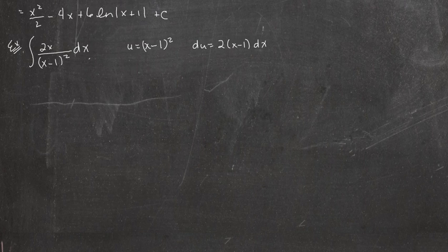Okay, these don't overlap well enough, do they? I have x minus 1 squared equals u, and then I have 2x dx equals, well, I have a 2, but I don't have an x. I have a dx, but I don't have an x. This is crazy. This gets kind of complicated. So when this happens, you actually have to use a process by which you change the variable.